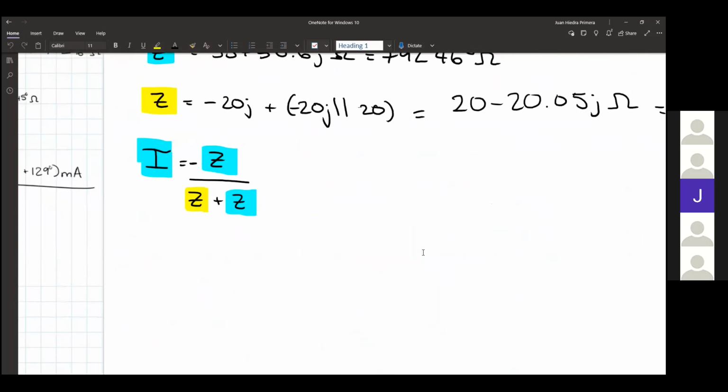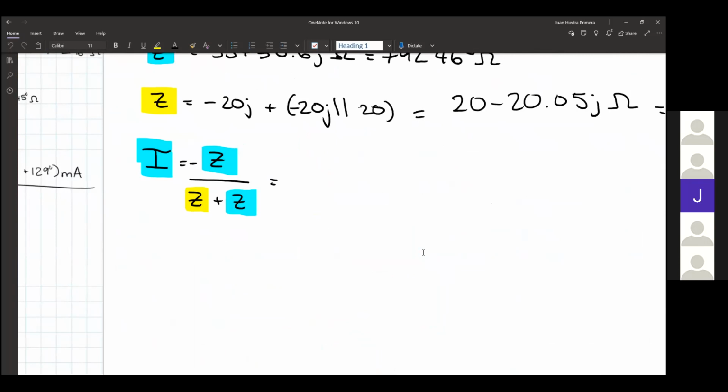So with that, I'll just plug in the numbers. It's a little bit easier and also a little less messy. 6 divided by the answer.